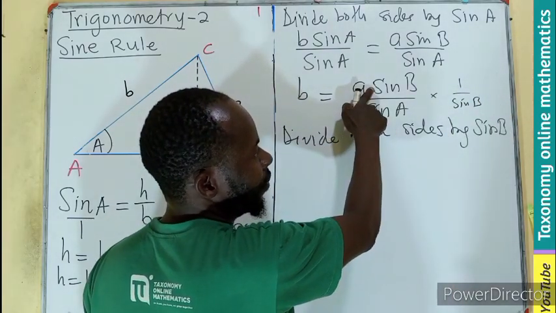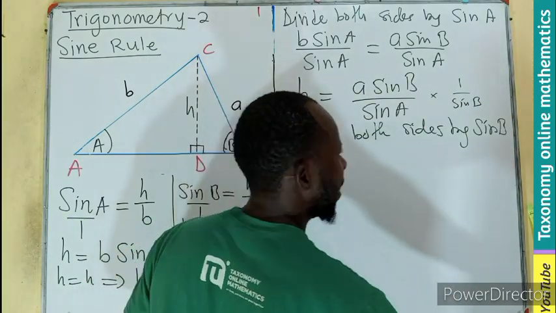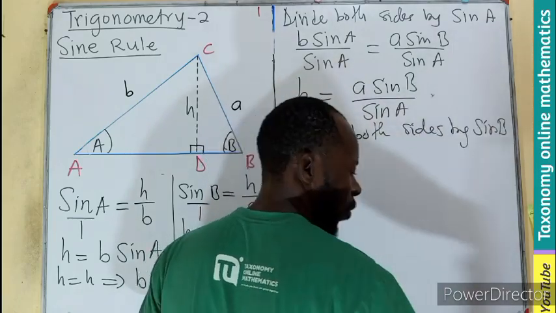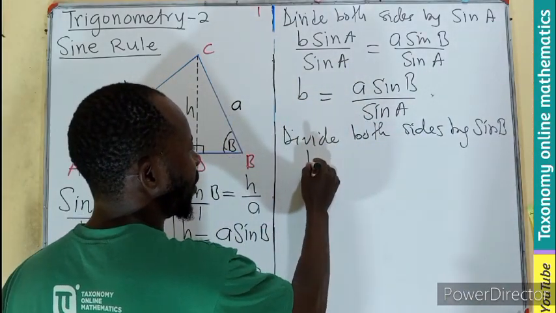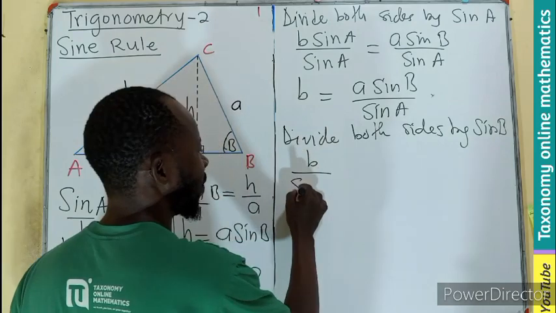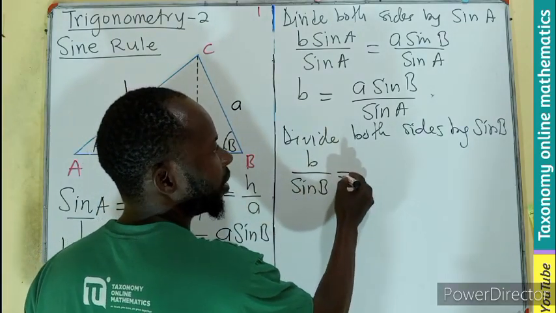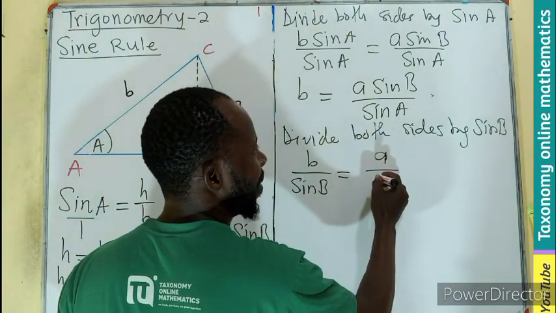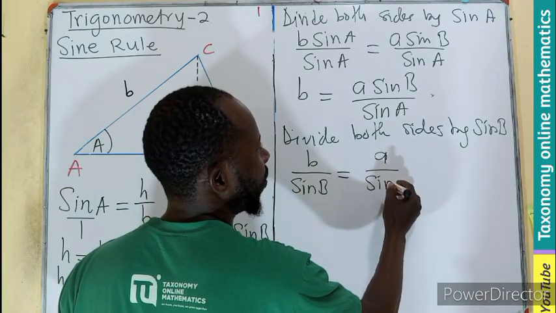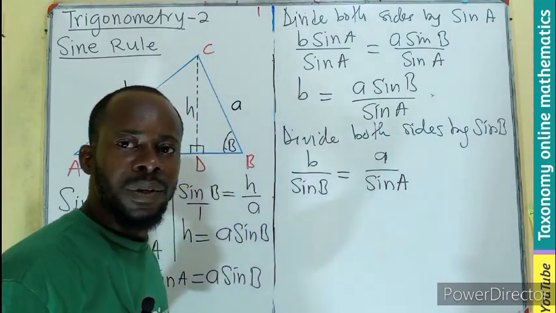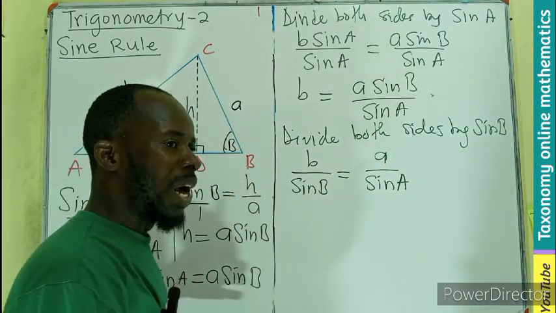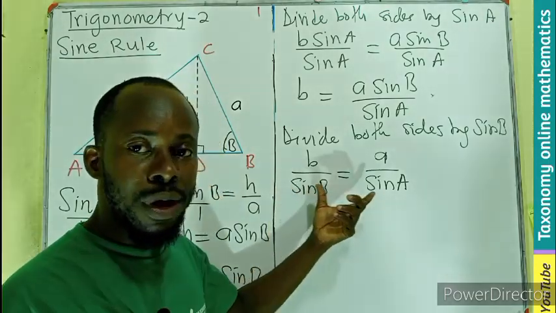And you can see numerator and denominator will cancel. So we will be left with B divided by sine B, A divided by sine what? A. So this is what we are going to be using as a ratio.